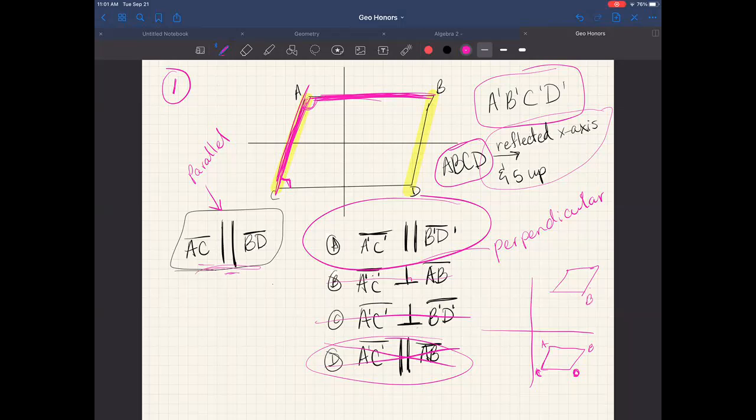I'm just going to write my shapes, my letters where they should be. That's the part that I really want you guys to see, right? I'm comparing AC, these are the primes, to AB. Even if I were to see that visually, won't they meet? Yeah, even if it's facing the other way, it doesn't matter.